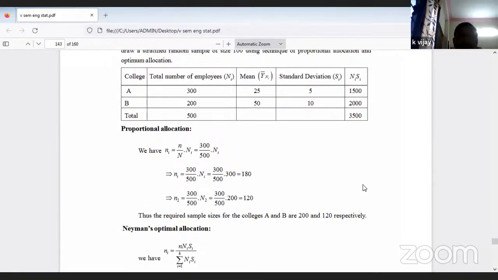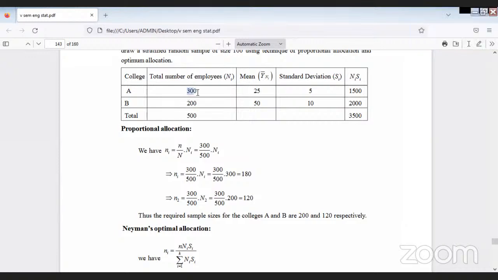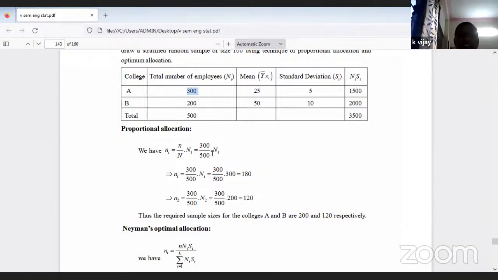Very easy. We have Ni into Ni by N. What is small n? 300. No, sir, that is big N, capital N. It is equal to 300 by 500, n by capital N, into Ni.